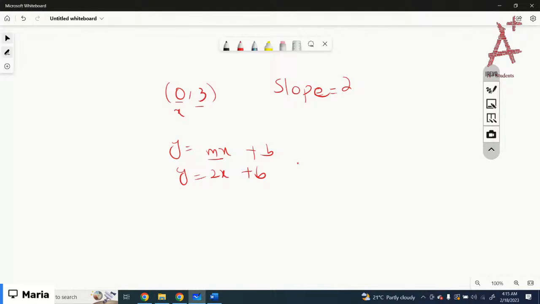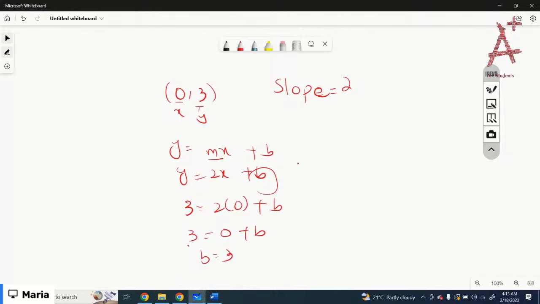Basically, why are we substituting the point? Because we have to calculate the value of b, and because we have to write the value of b in the equation. So it would be 3 equals 2 times 0 plus b. 2 times 0 is 0, so 0 plus b equals 3.